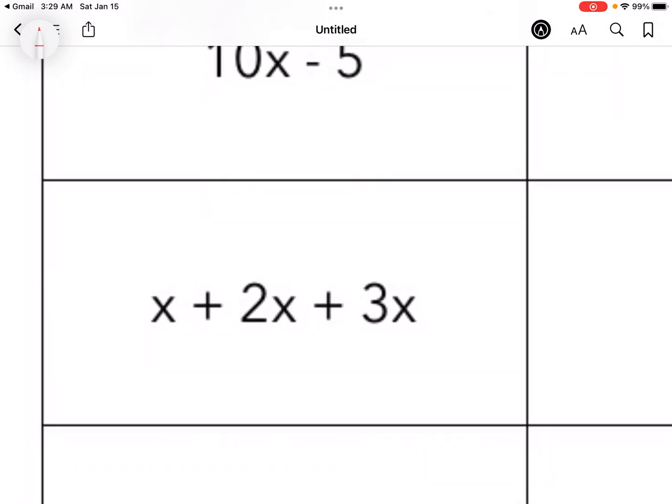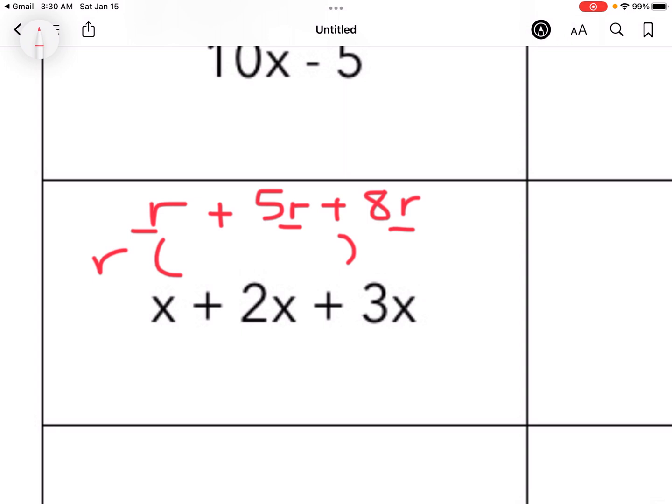This one, if I have r plus 5r plus 8r. So I've got r's in all of them. So that means I'm going to pull the r out. Then I need to think what number times anything is going to give it itself. Well, 1 times any number is going to give it itself.